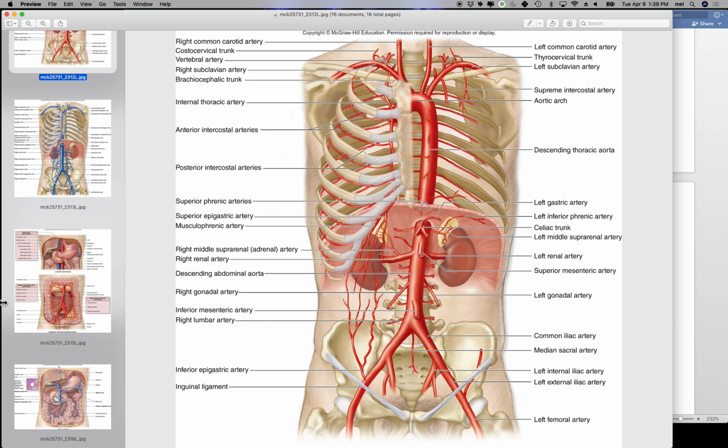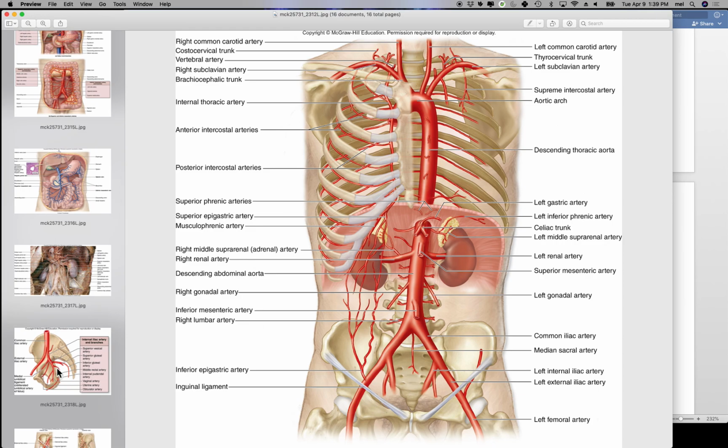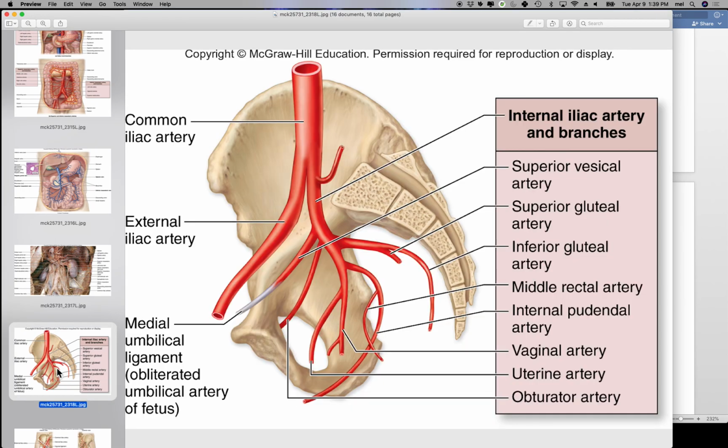Okay. Your textbook has a terrible picture of the internal iliac artery. I had to cross my eyes to figure out what I was looking at here. So with this picture, I won't ask you this picture, but it's the only one they've got. What you're looking at is the medial surface of the right os coxa. This right out here is the external iliac, which is delivering blood to the leg, thigh and leg.